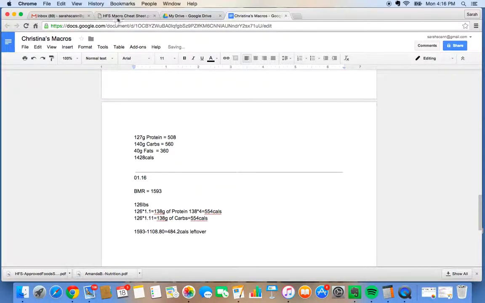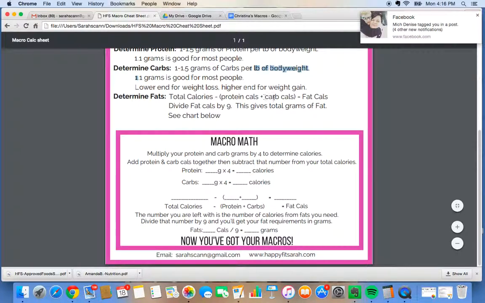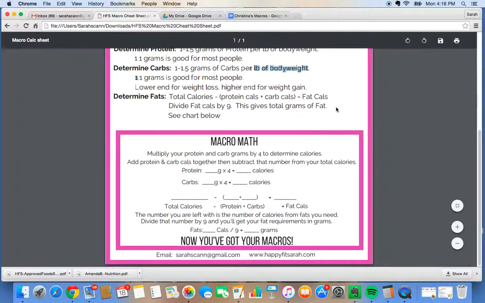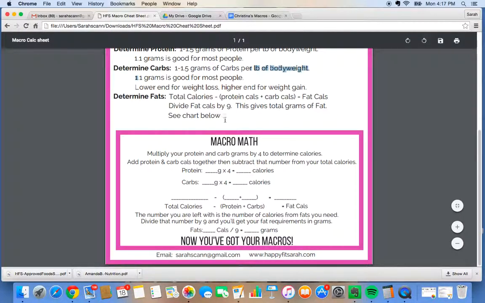So to determine fats, we're going to go back over here. You have your total calories minus your protein calories and your carb calories. And then what that will equal is how many calories of fat you have left. Now, every gram of fat is 9 calories. So you're going to divide your total number of fat calories by 9.